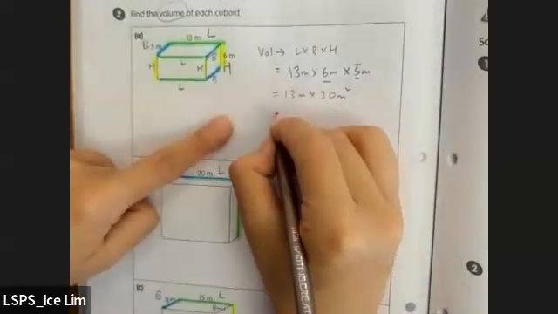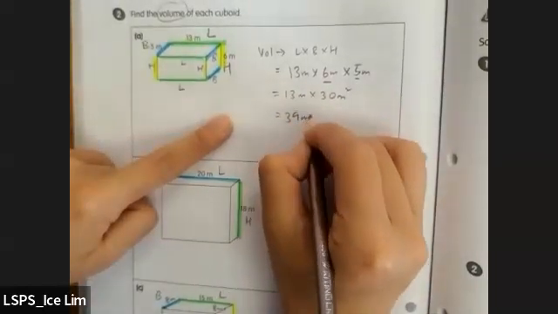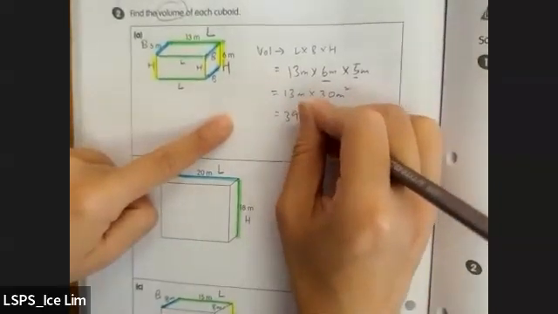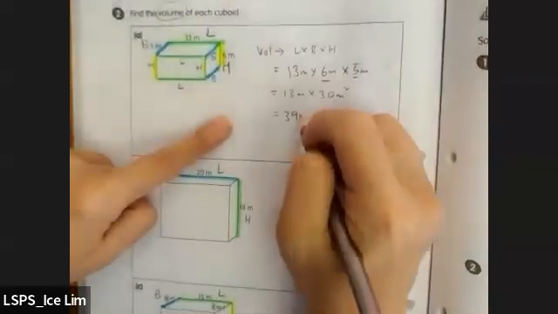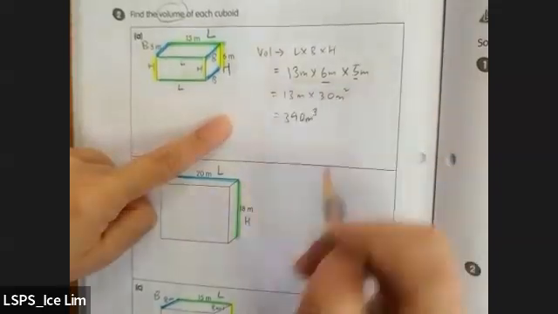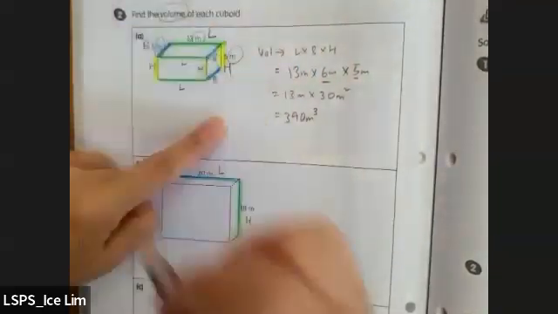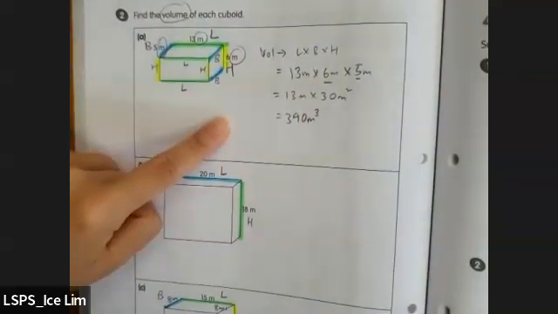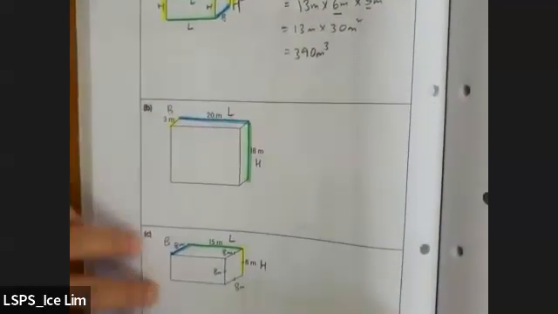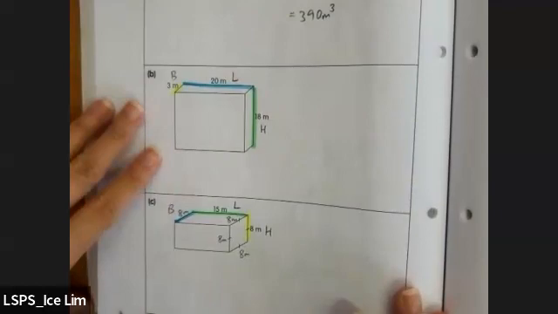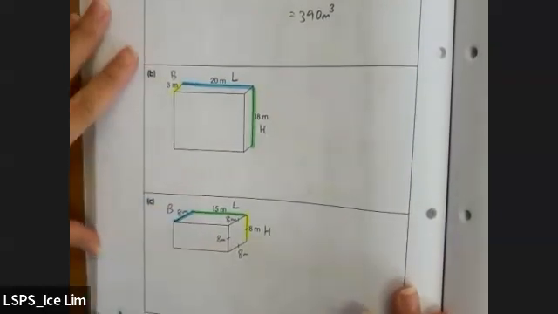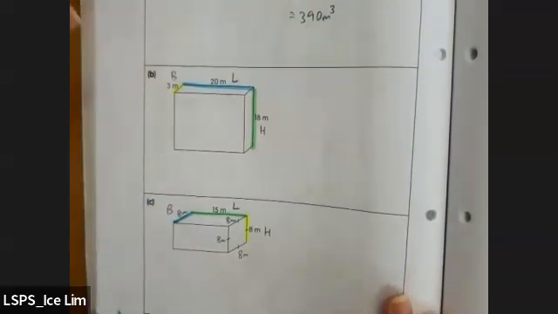So this is 390 cubic meters. Now, it will help if every time you see a question, you circle the unit first. Okay, can I trust you on this on your own as well? Finished already. Awesome.